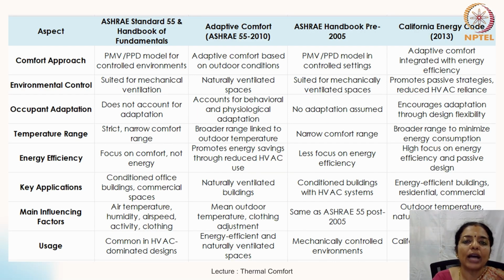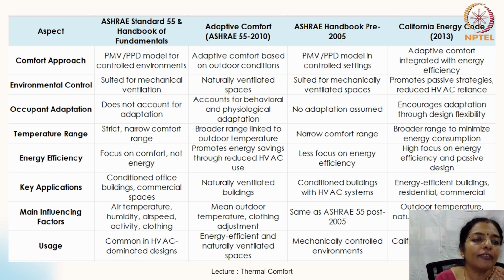I am taking all these 4 for a reason which you will understand later when we start looking at the tools which I had told you. So the ASHRAE Standard 55, the Handbook of Fundamentals, the Adaptive Comfort, the ASHRAE Handbook pre-2005 and the California Energy Code.